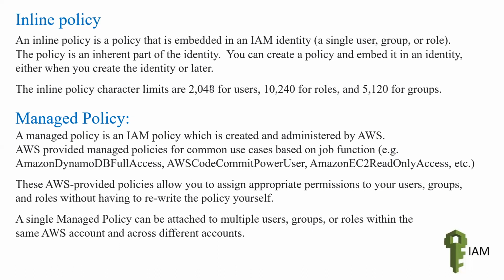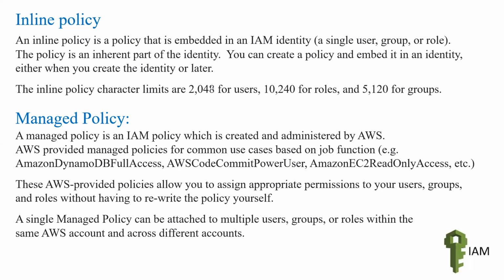So these AWS provided policies allow you to assign appropriate permission to users, groups, and roles without having to rewrite that policy by yourself. AWS had provided everything almost like spoon feeding. They had provided everything which is needed for day-to-day use, thinking all the permutation and combination. We can just handpick and start using.